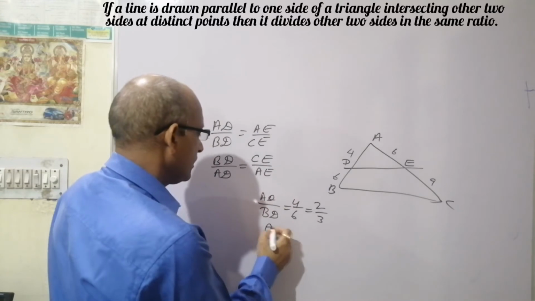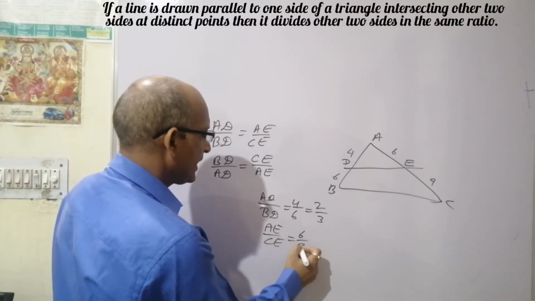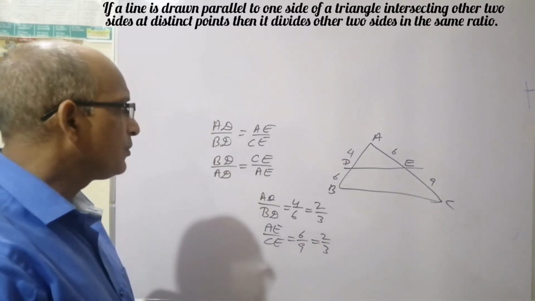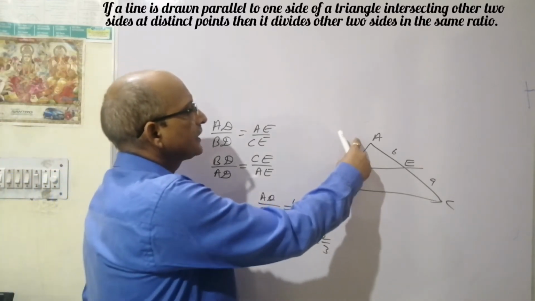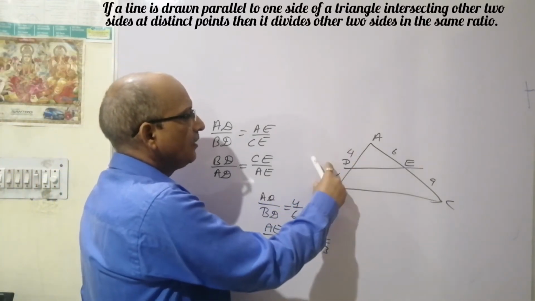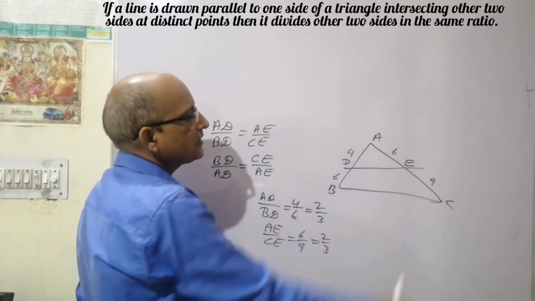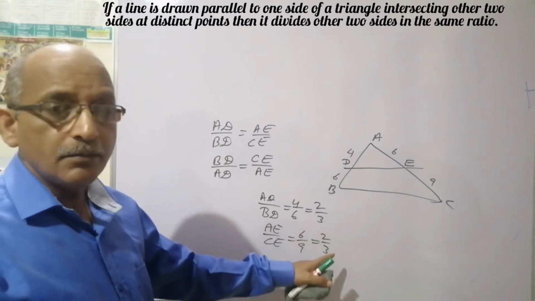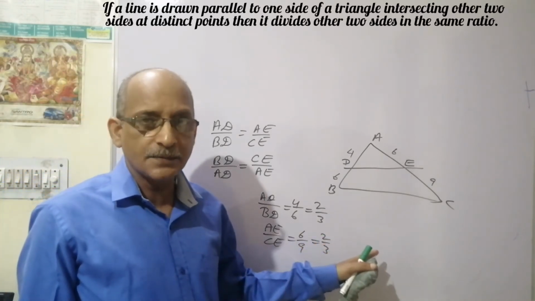So AE upon CE will be equal to 6 upon 9, again 2 upon 3. It means that if DE is parallel to BC, then the ratio of the segments AD and BD will be the same as the ratio of the segments AE and CE. That is all for the application of this theorem.